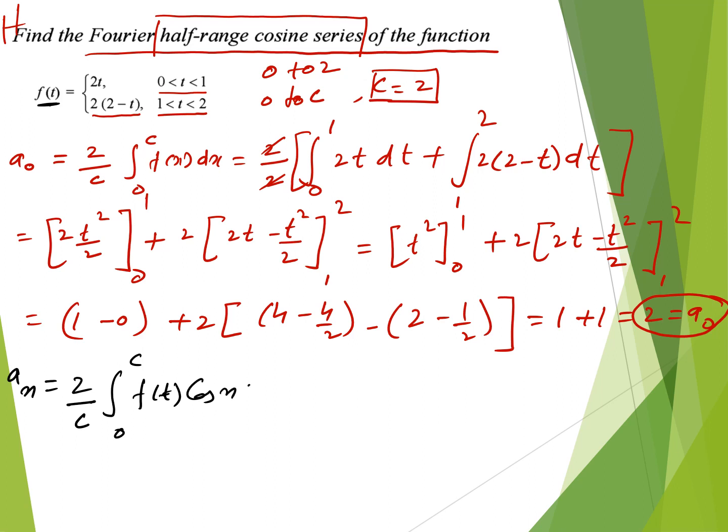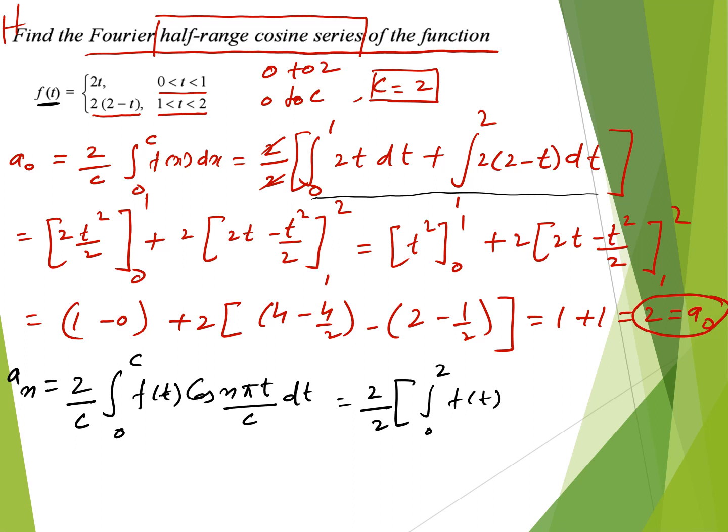Cos n pi, instead of x we will just write t over c, dt. Now substituting the value 2 upon 2 integration, I just split over here. Instead of splitting it in the first step, you can say integration 0 to 2 for f(t) dt. Now you can split it easily.